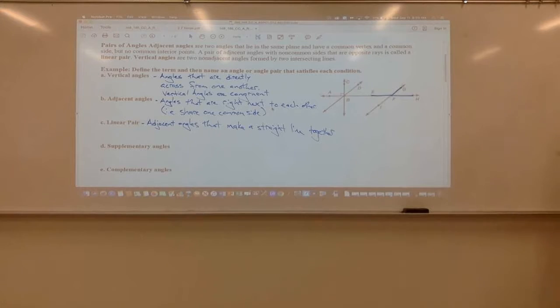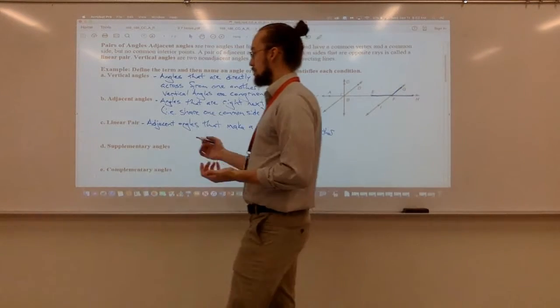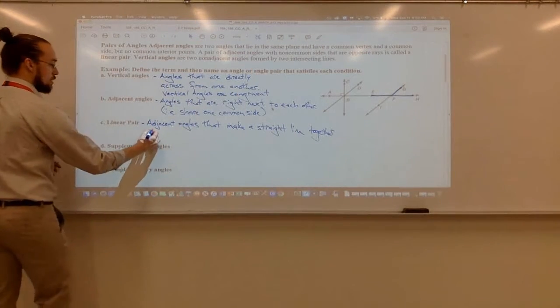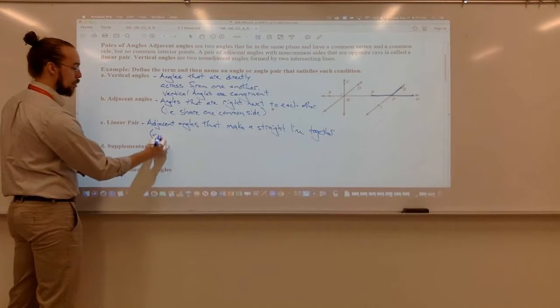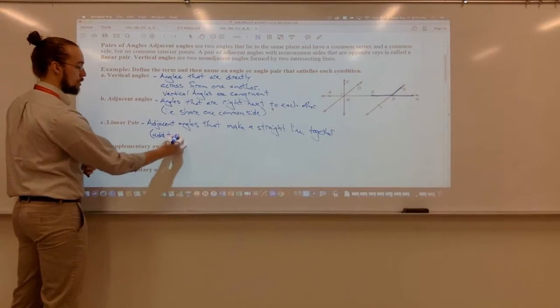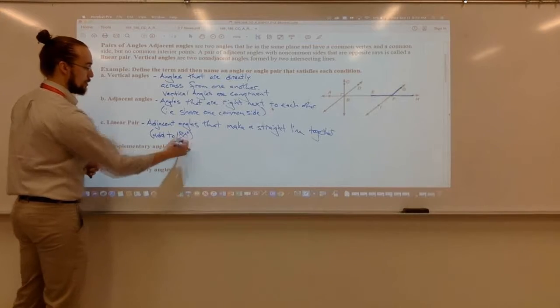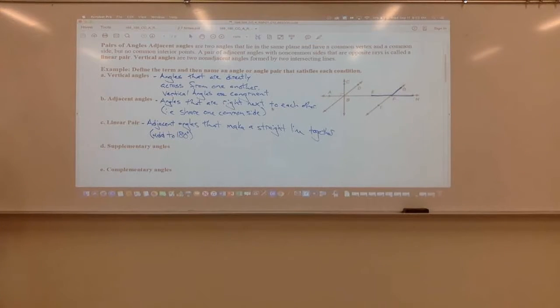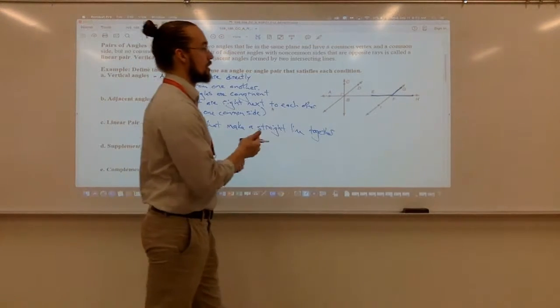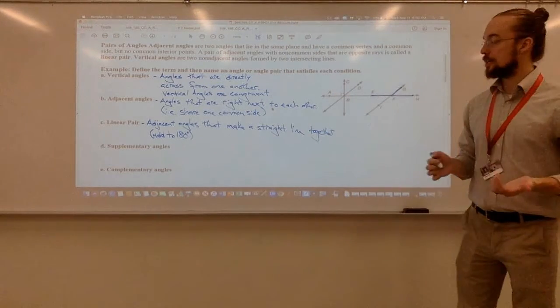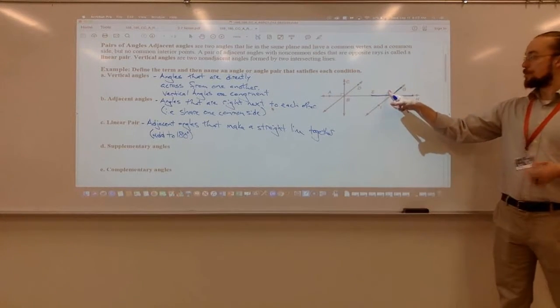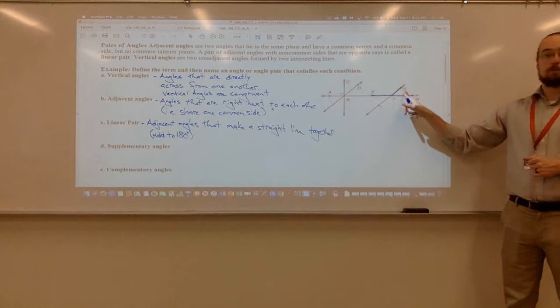A key property for a linear pair: they will always add to 180 degrees. The measures of two angles in a linear pair will always add to 180. So if I tell you that this one's 120, that means this one's 60.